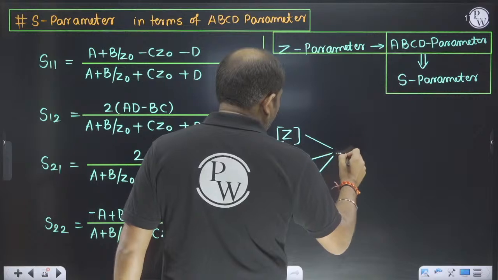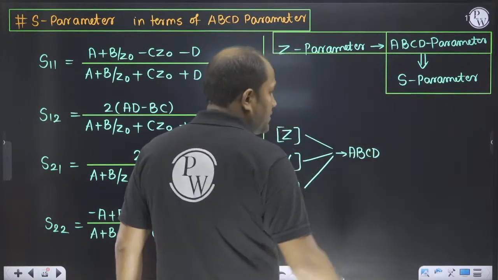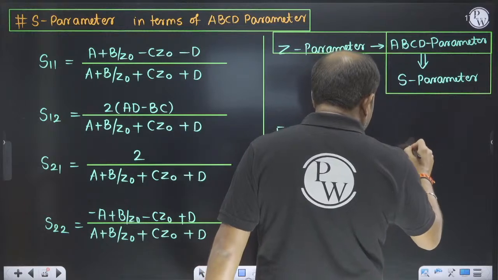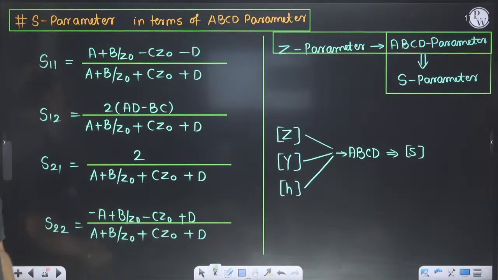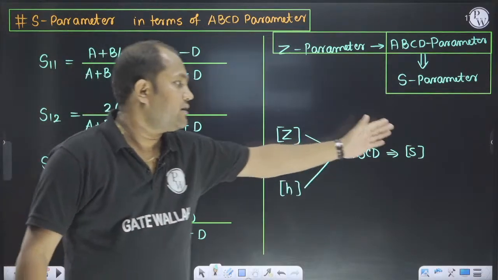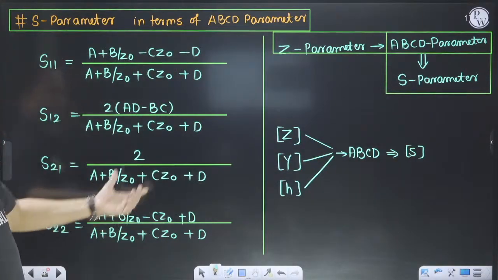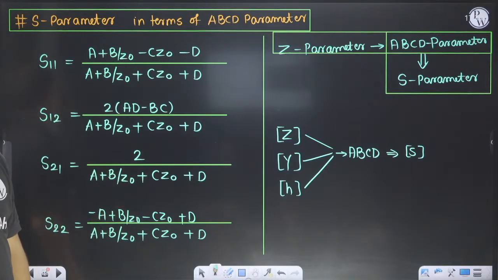You can find the ABCD parameter by network theory concepts, and after that find the S parameter. This is the process. This will be a 2 marks question: 1 mark for this conversion and 1 mark for that conversion. If you know ABCD parameter, you can find S parameter.